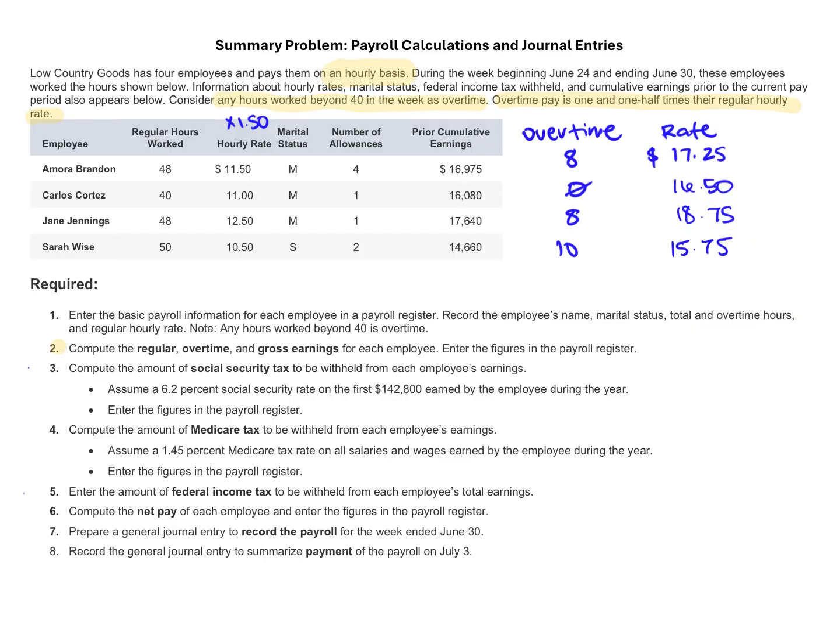All right, the next part of our problem is number 3. We're going to calculate Social Security tax. And Social Security tax is something hopefully you've heard of in the past, and it is applied on 6.2% of the first portion of your salary. It's usually a pretty high threshold.